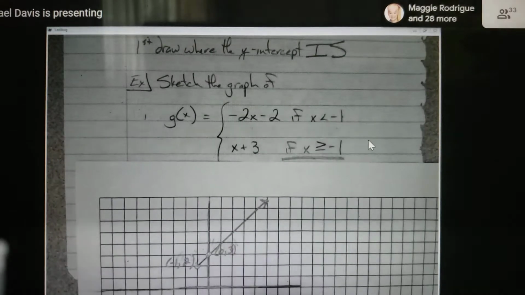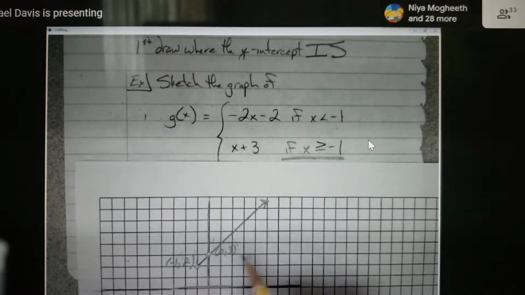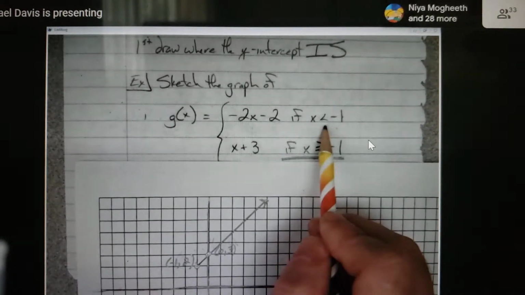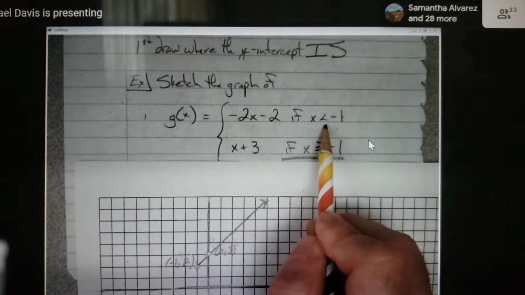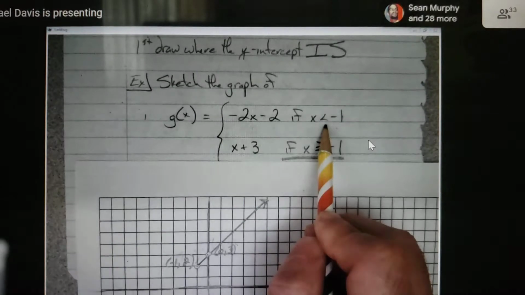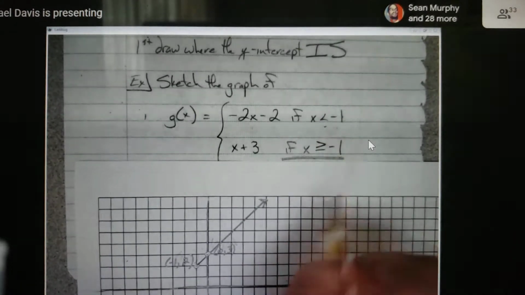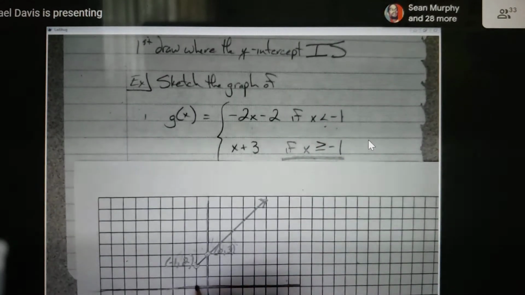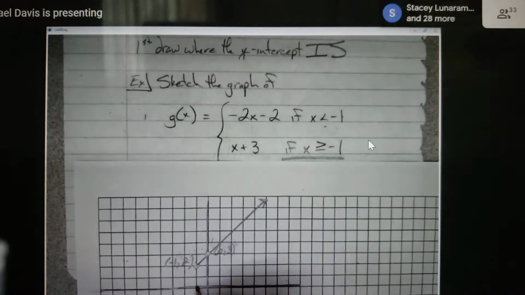If you go up 2 and to the left 1, what would your x-coordinate be? If I go up 2 to the left 1, the x-coordinate would be negative 1. Because of that restriction on my domain, because I'm only supposed to draw this line if x is strictly less than negative 1, what kind of circle would I put? Open.